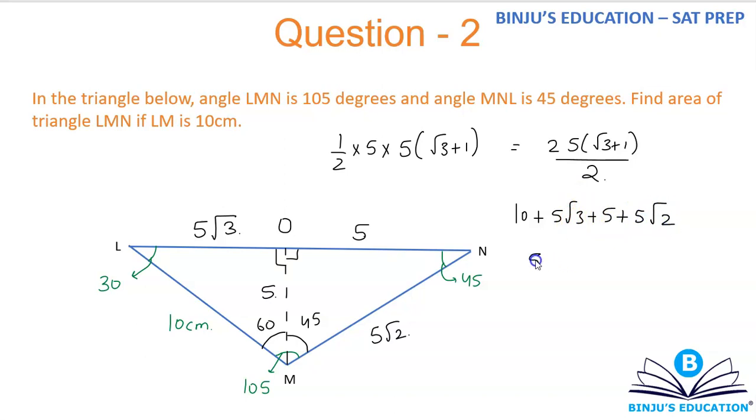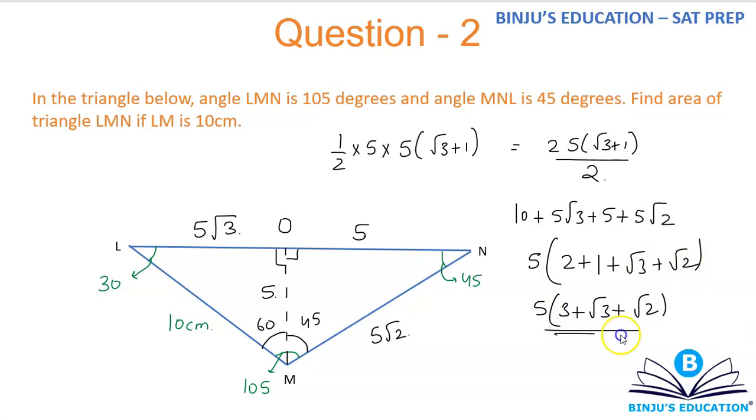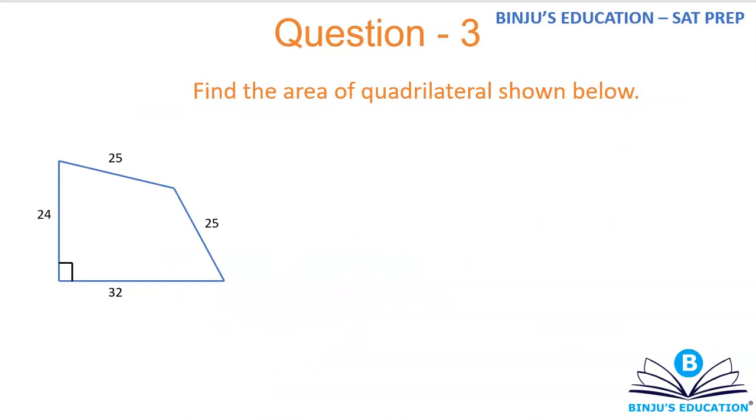So you can take 5 common: 2 plus 1 plus root 3 plus root 2. So that is 5 times 3 plus root 3 plus root 2. And that is your answer. So it's a very simple question. Nothing fancy about this. Alright, let's move to question number 3.